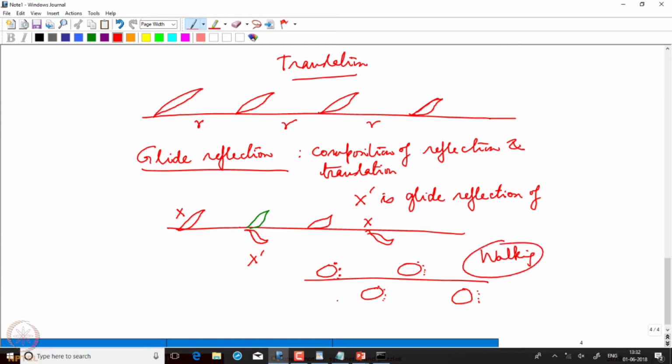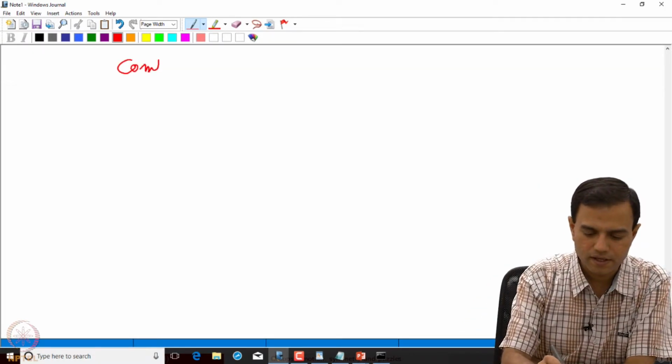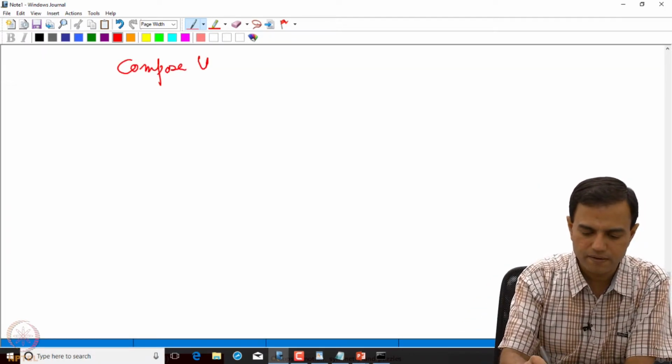So, when you walk, then you have glide reflection. So, 4 types of symmetries we have seen: glide reflection, translation, reflection and rotation. And then you can compose them, right? And there are so many possibilities. Compose them all.